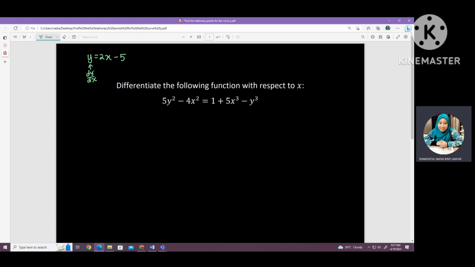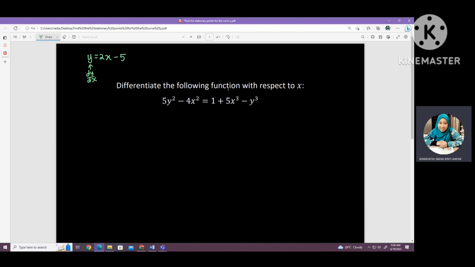However, in a certain case, the function is expressed in implicit form. For example, the question here: we have 5y squared minus 4x squared equals 1 plus 5x cubed minus y cubed. So we cannot solve this equation into explicit form to find the derivative of y.